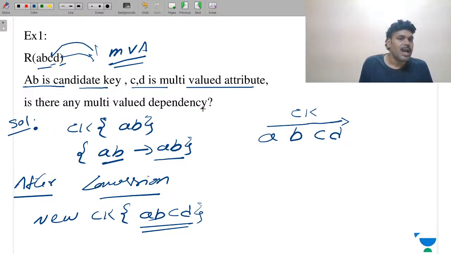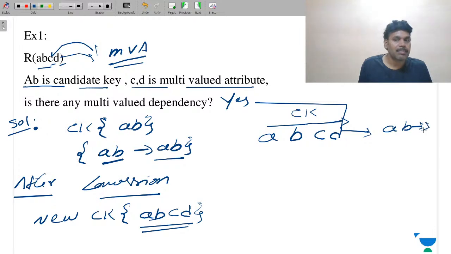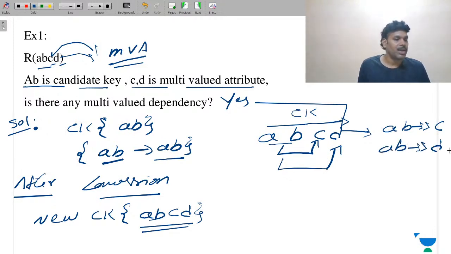Now naturally, are there any multi-value dependencies? Yes. You will get AB implies C, and one more, AB implies D, using the complementation rule. Whenever you satisfy the first attribute, it automatically satisfies the other attributes. That is the specialty of this.